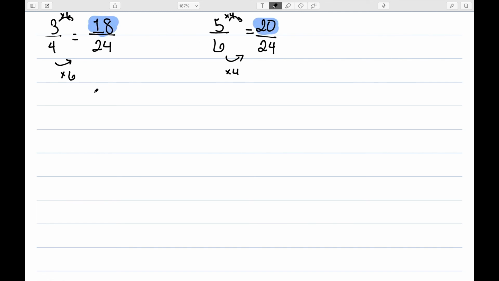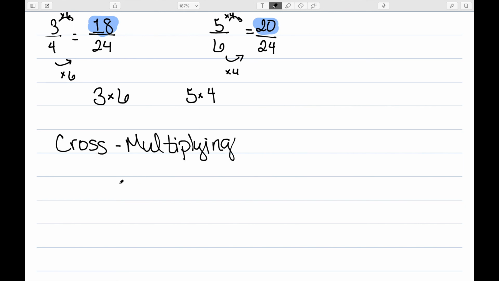All we really needed to see was 3 times 6 and 5 times 4 and determine which one of those is bigger. And so really all we had to do was multiply the numerator of each fraction by the denominator of the other fraction and compare those two results. And this is known as cross-multiplying, and it's just a shortcut of this idea of common denominators.